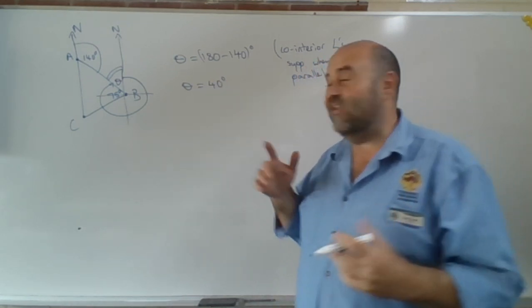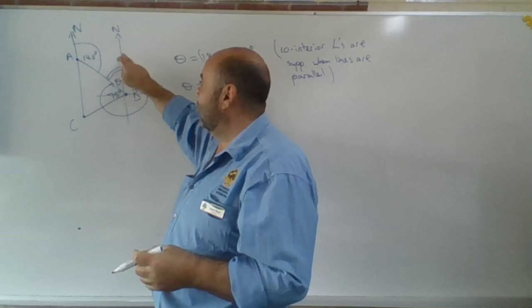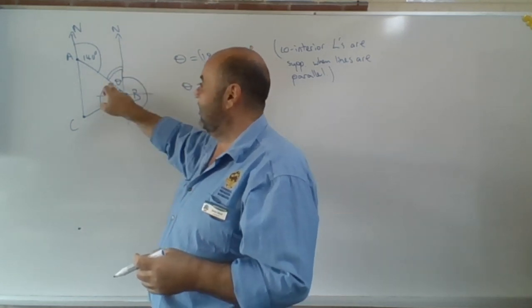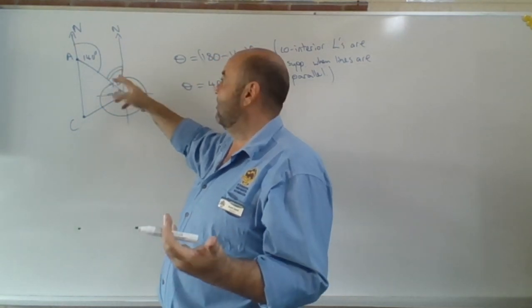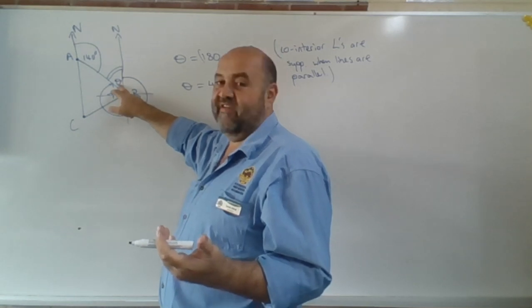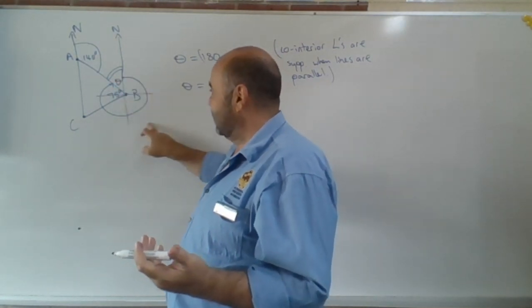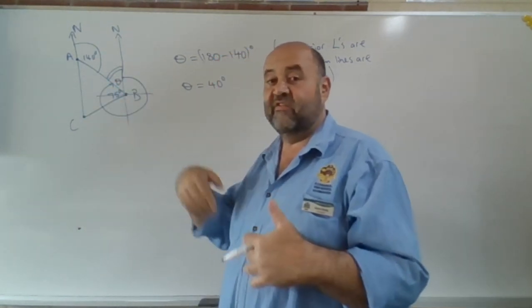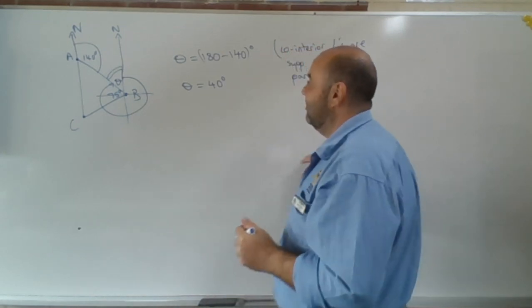Well, remember I needed this angle here, the angle from north going all the way around to here. Now that I know that's 40 degrees, that large reflex angle is going to be 360 minus 40 degrees.